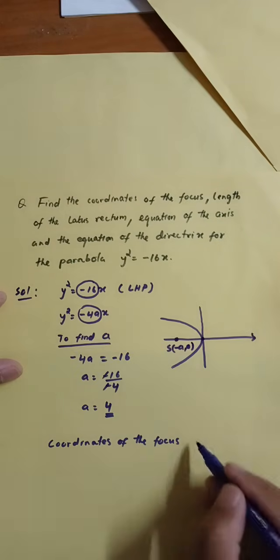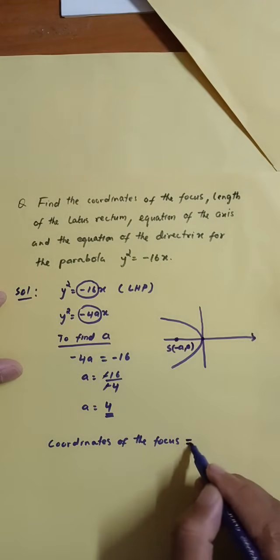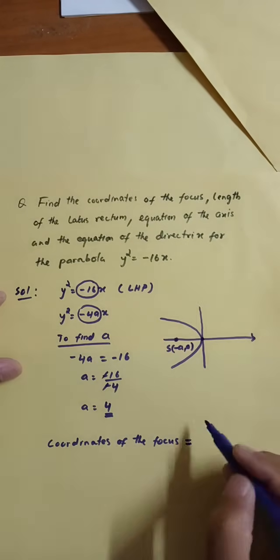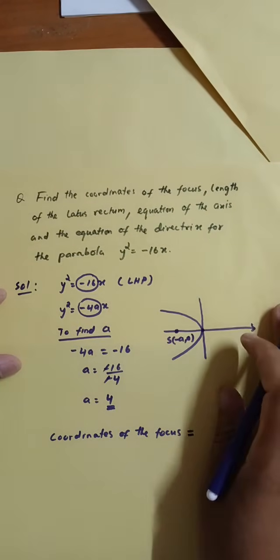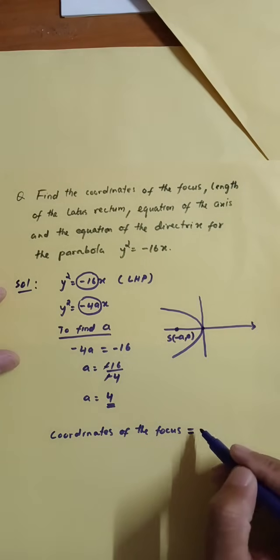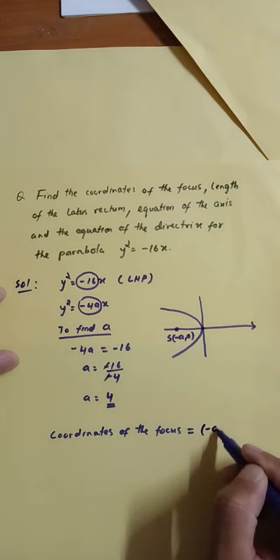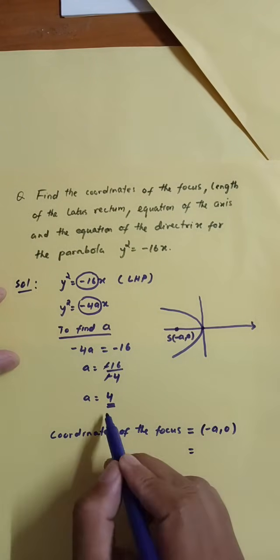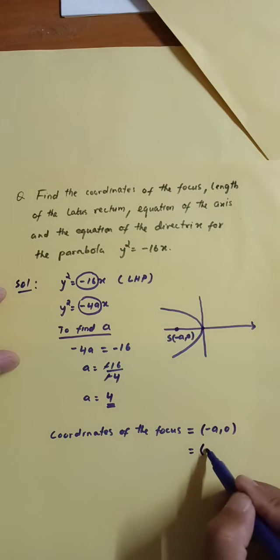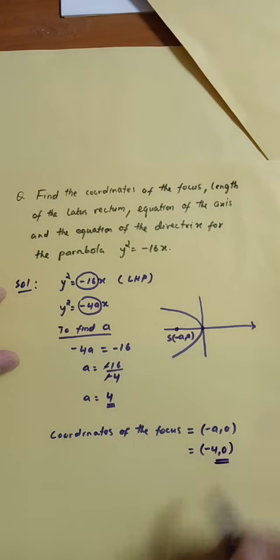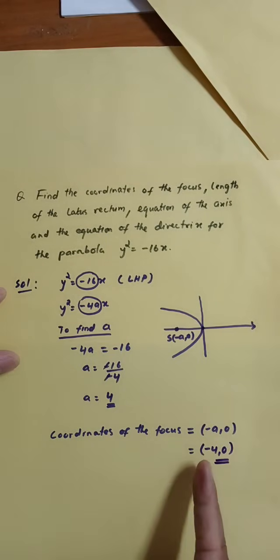So the coordinate of the focus will be negative a comma 0. We have a as 4, so simply substitute and you'll get negative 4 comma 0.